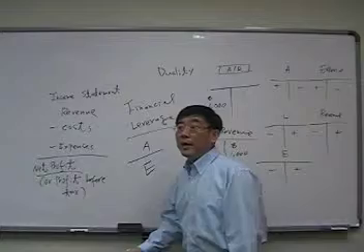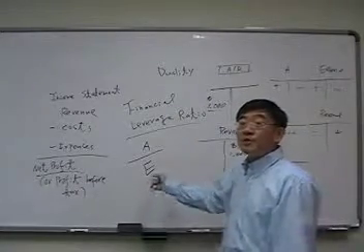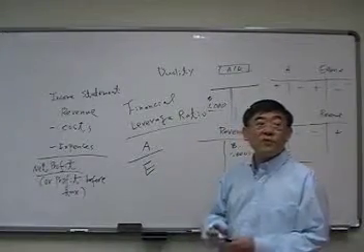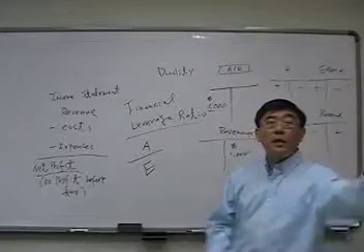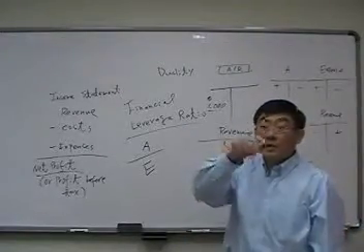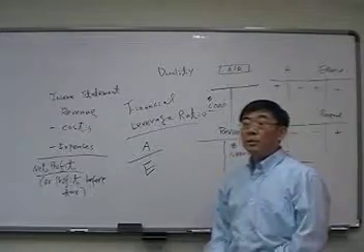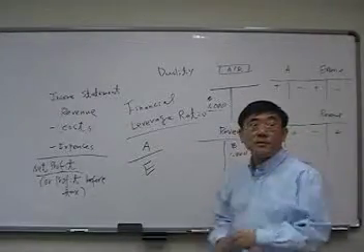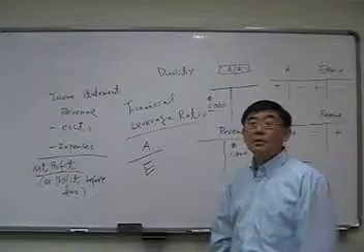See, we keep on using those five letters for this semester: A, L, E, R for revenue, and another E or C for cost. We are going to use those five letters all the way through this semester.